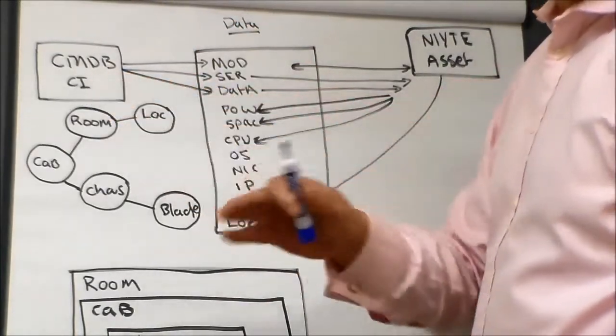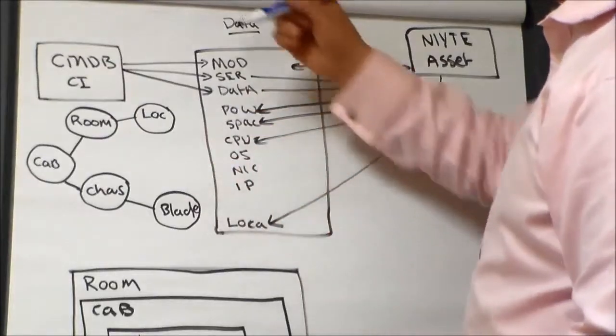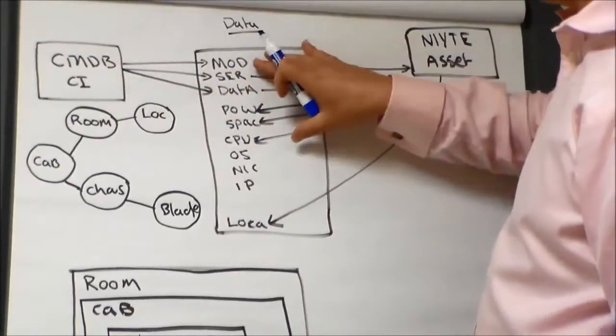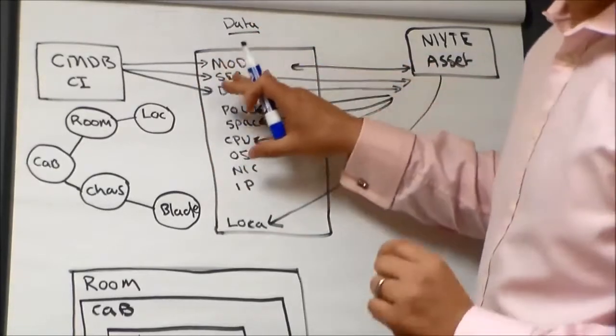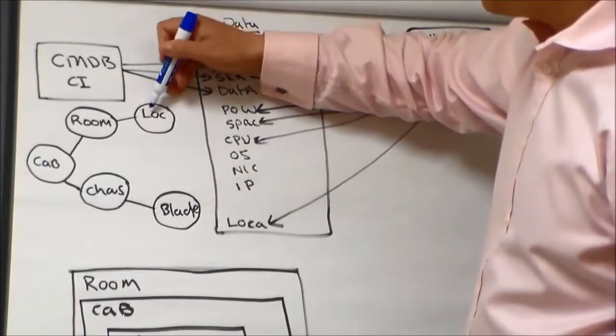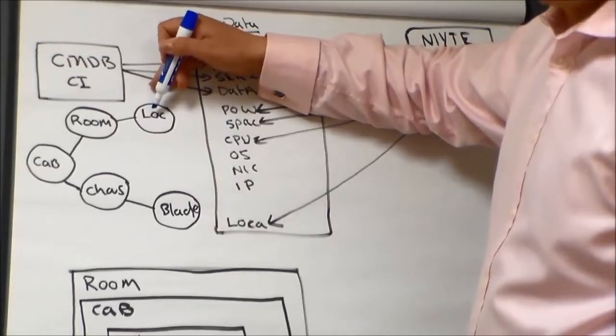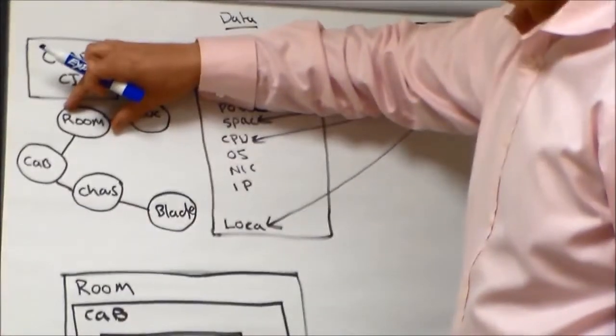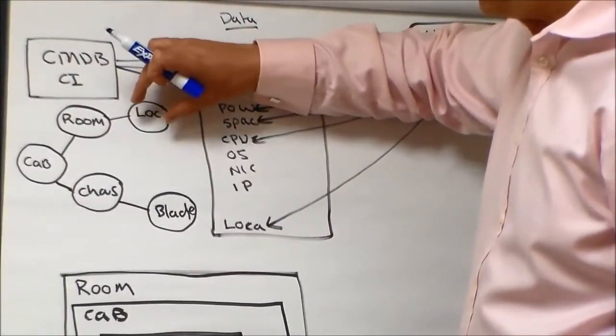So the CMDB sees it like this. When it gets information from itself and from us, it will have an enriched record. That enriched record will say, I have a location for this CI, so it'll know where it is in the world. It will look at it and go, okay, this CI is inside this room, so it builds this kind of relationship.